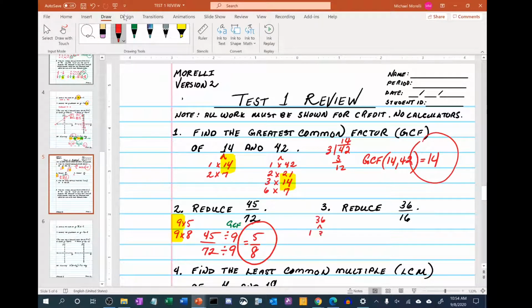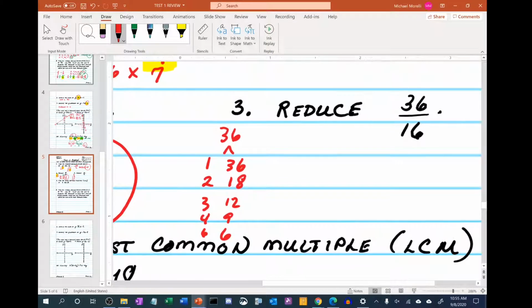Got 1 times 36. 2 times 18. 3 times 12. 4 times 9. And 6 times 6.